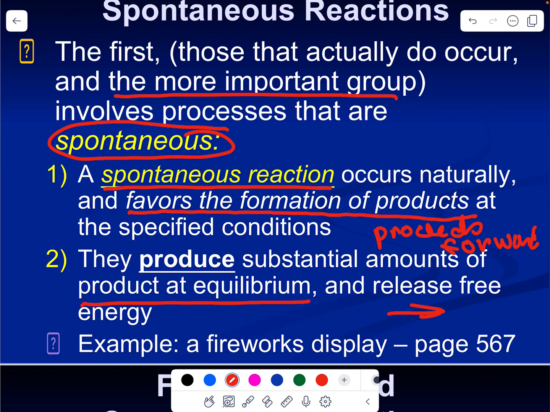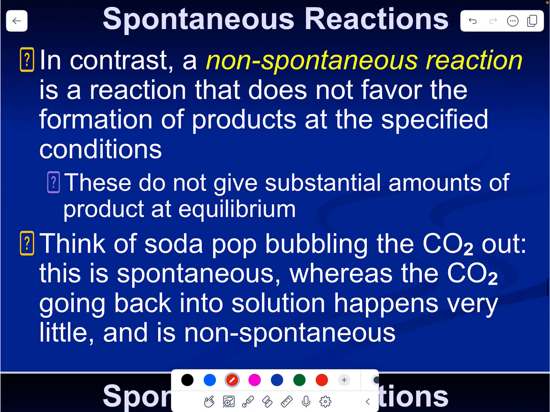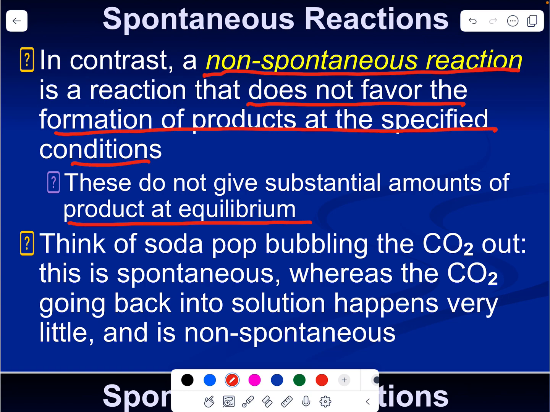That means they'd have an equilibrium constant greater than 1, and they release free energy. The Dr. Cotton example is a fireworks display. If we contrast that to a non-spontaneous reaction, these do not favor the formation of products at specified conditions, so they do not give substantial amounts of product at equilibrium.